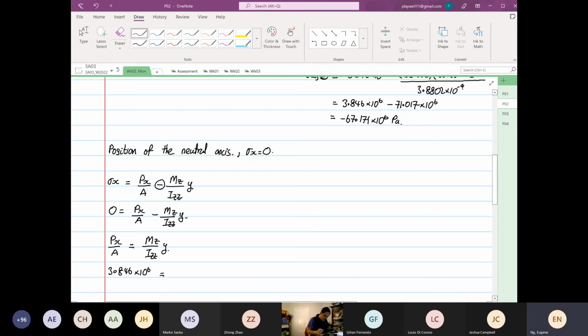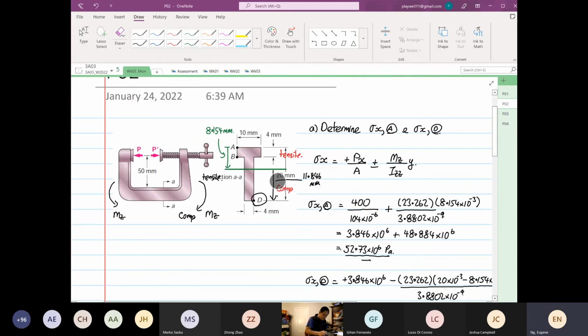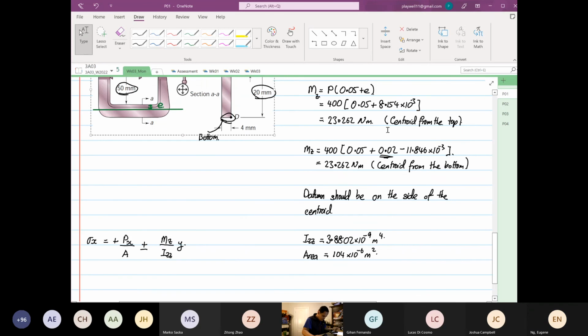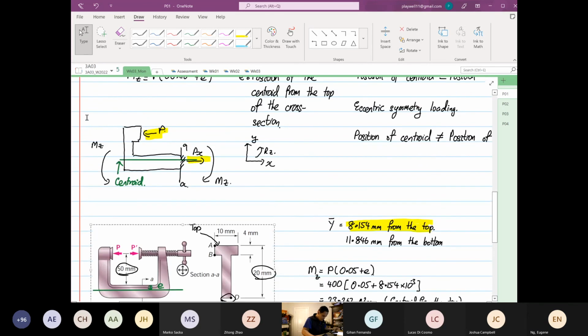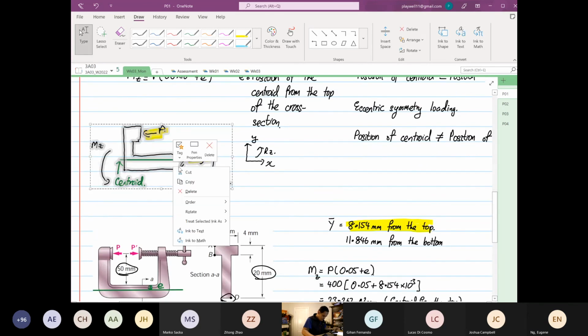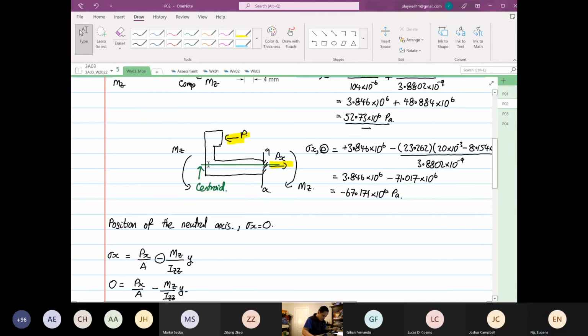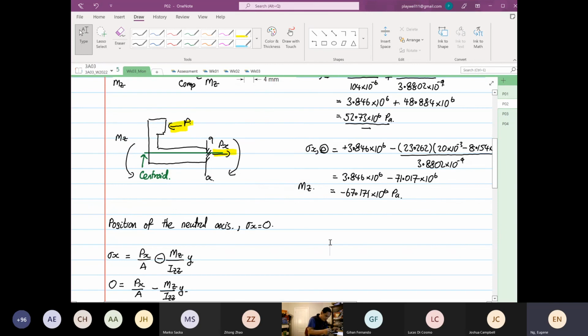Right, M_z. By looking at the moment, if I draw the section again, at the line AA, where is the point of interest.